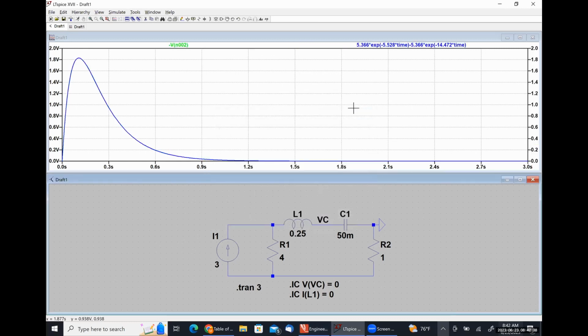And my blue curve completely overlaps my green curve, and the scale on the left-hand side of the screen matches the scale on the right-hand side of the screen. So all of my analysis was done correctly.